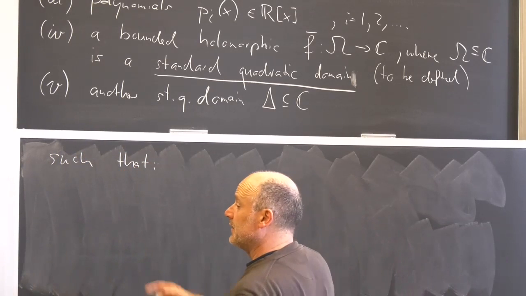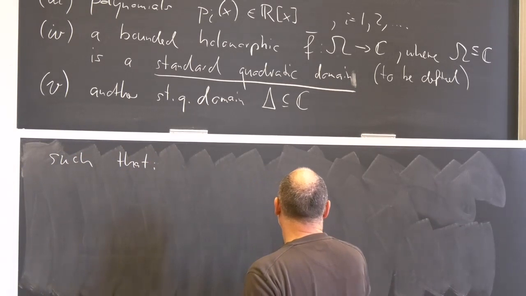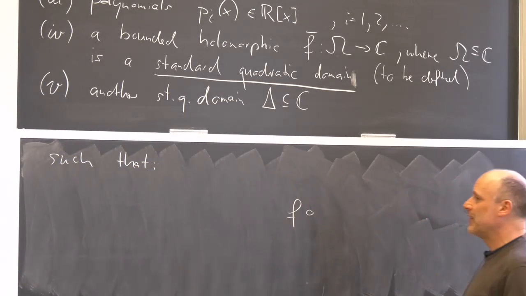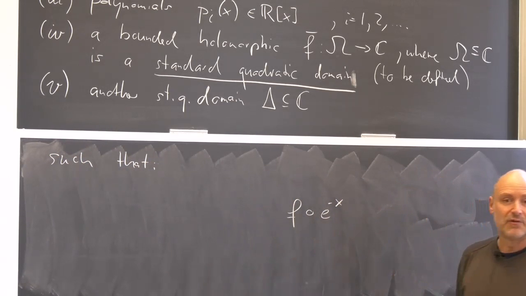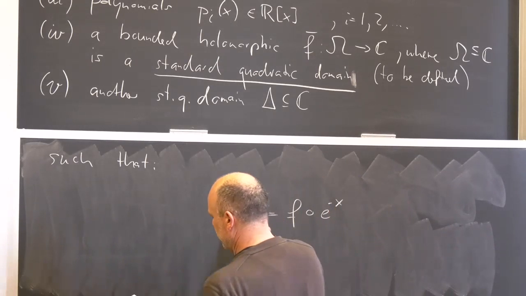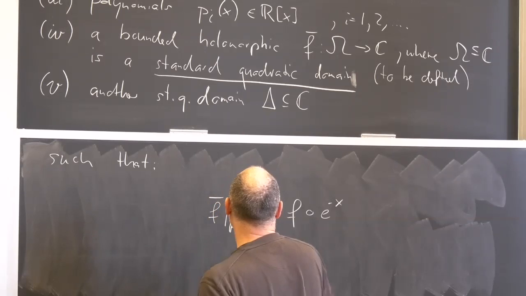So, like I said, if I translate my germ to plus infinity, but not just by going from x to 1 over x, but by replacing x by e to the minus x, in the logarithmic chart, that's sometimes called, this is the same as f bar restricted to the real line.